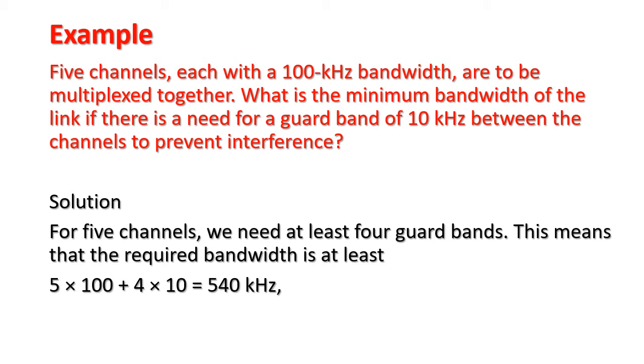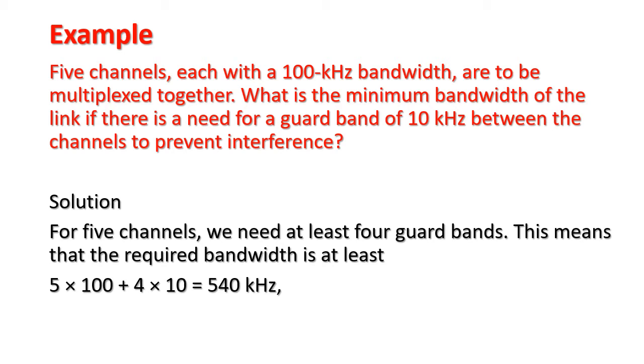Now for our solution, for 5 channels, we need at least 4 guard bands between each channel. This means that the required bandwidth is at least 5 channels times 100 kHz.